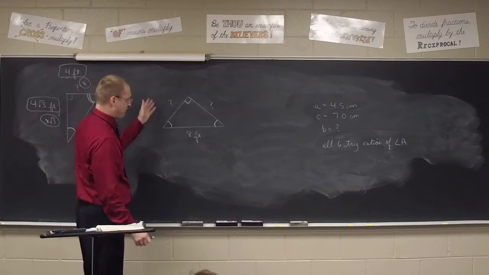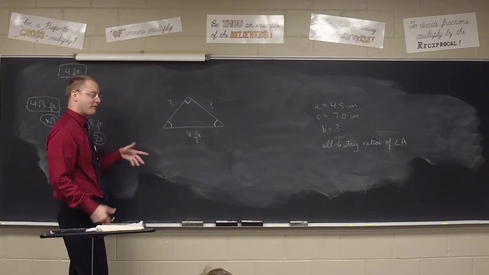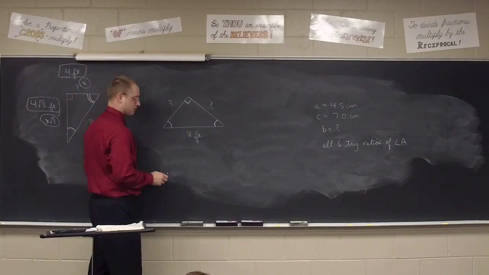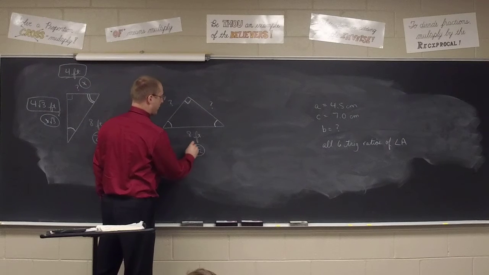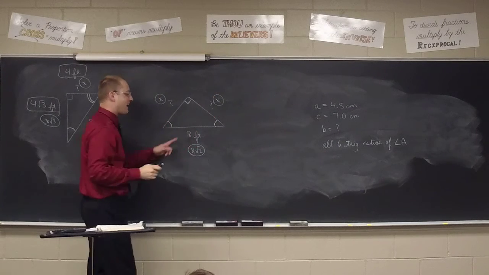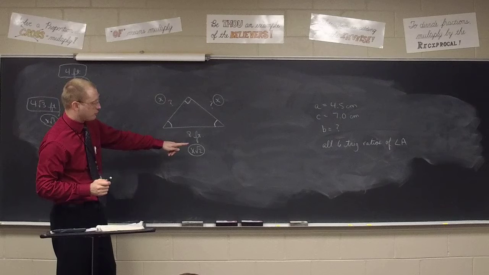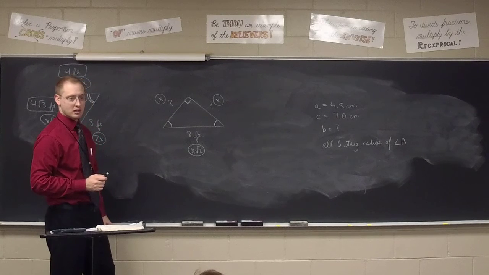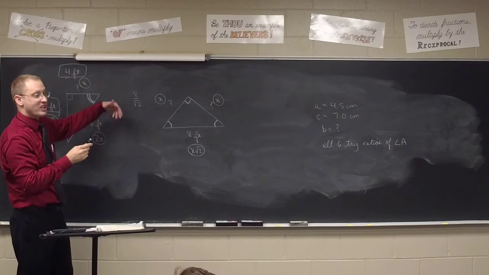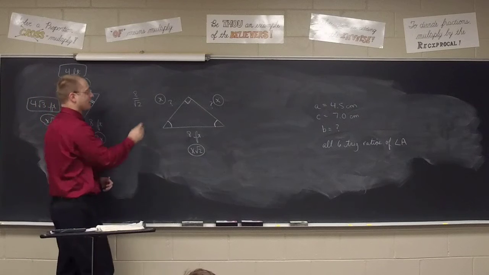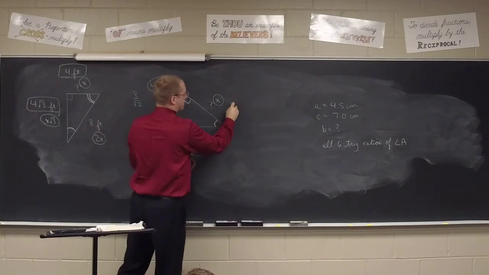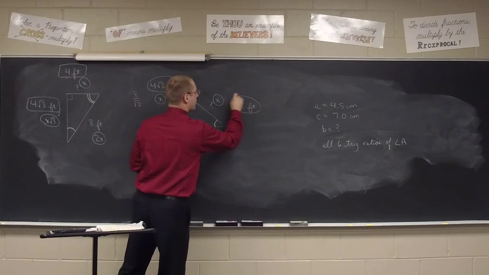What about in a 45, 45, 90, right? Two equal acute angles makes them each 45, hence 45, 45, 90. How do I represent the hypotenuse of a 45, 45, 90, class? X times the square root of 2. How do I represent this leg? X. How about this leg? X. So if 8 is x times the square root of 2, then what is x? 8 divided by the square root of 2. But we want to rationalize that down. What would we get? 4 times the square root of 2 feet. And of course, if that's x, that's also this x as well. All right, finish working.